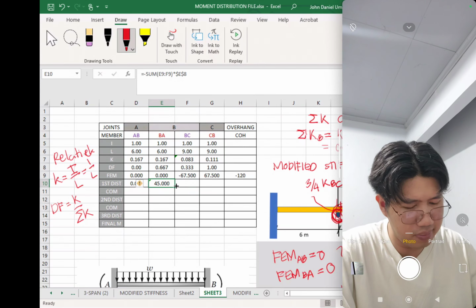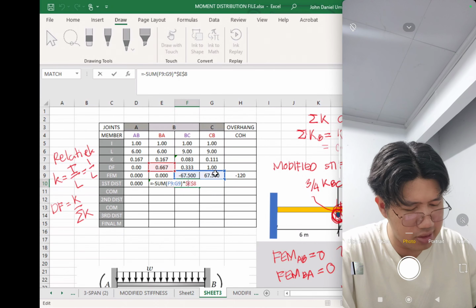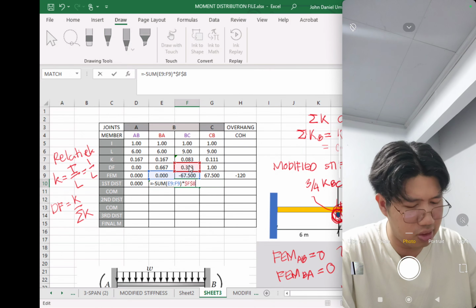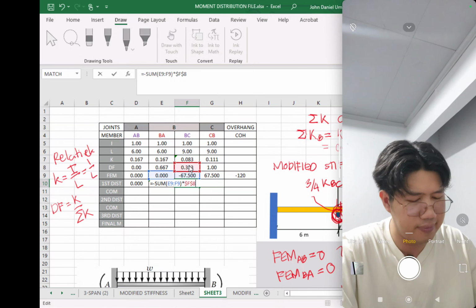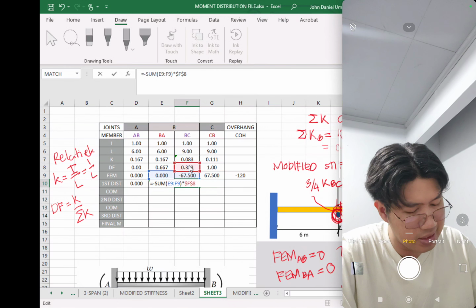Okay, so parang mabilis, I can drag it. Ang kaso, nagbago yung selection ng cell. Ang gusto ko pa rin is sum the moments at joint B, which is these two. Okay, hindi ito. Ito dapat. Tapos, ito doon. Kasi minomultiply natin siya sa distribution factor niya. In this case, member BC yung kino-consider natin.